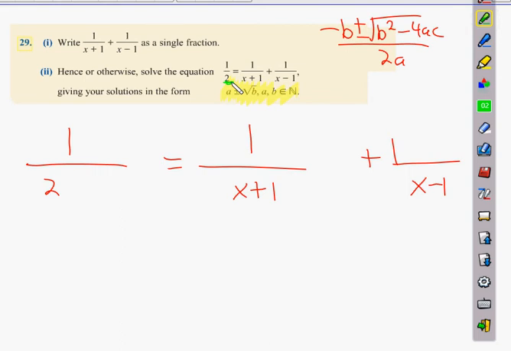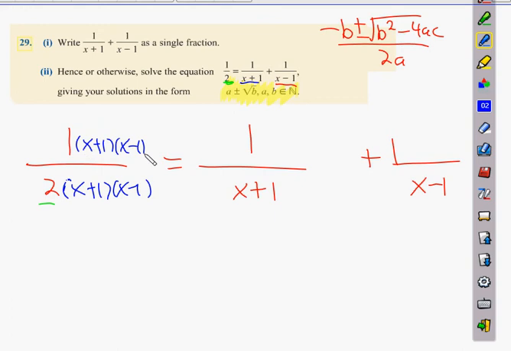There's 3 denominators on the bottom: green, blue, and red. You want all 3 of them in every fraction. So what do I have to put beside the number 2 here? I have to put in x plus 1 and x minus 1. And what I do to the bottom, I must do to the top.